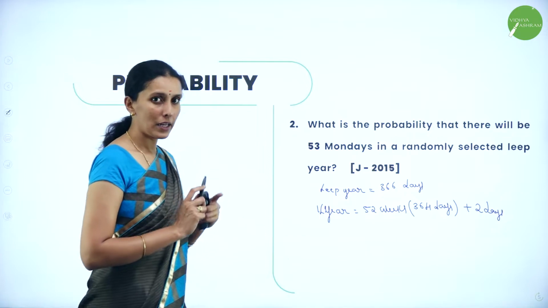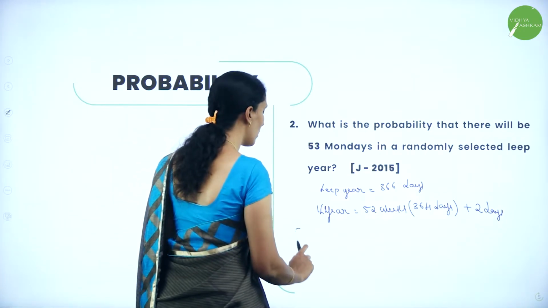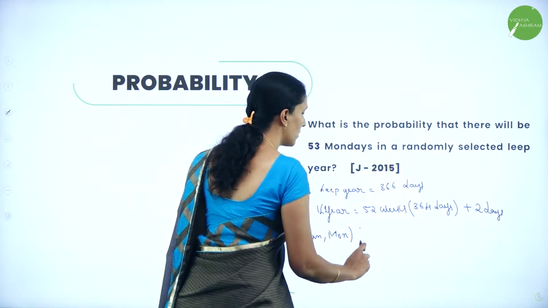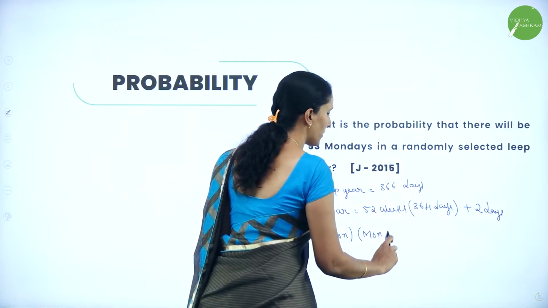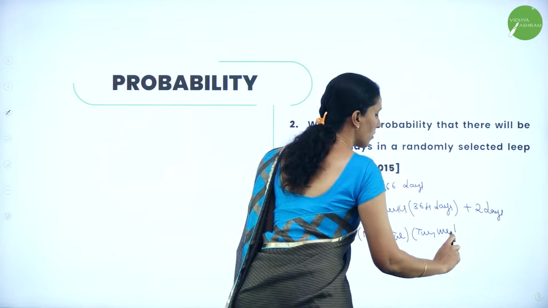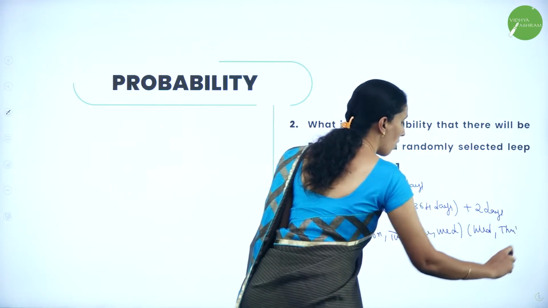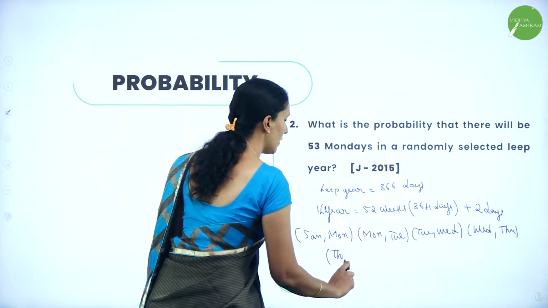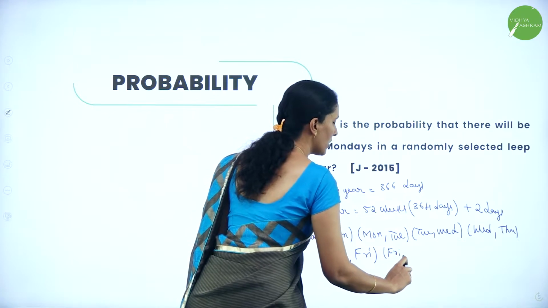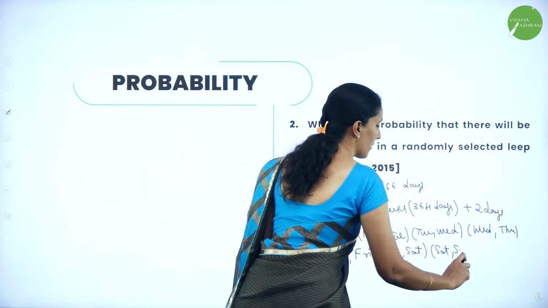So for the remaining 2 days, the order of the days may be Sunday, Monday, or Monday, Tuesday, or Tuesday, Wednesday, or Wednesday, Thursday, or Thursday, Friday, or Friday, Saturday, or Saturday, Sunday.